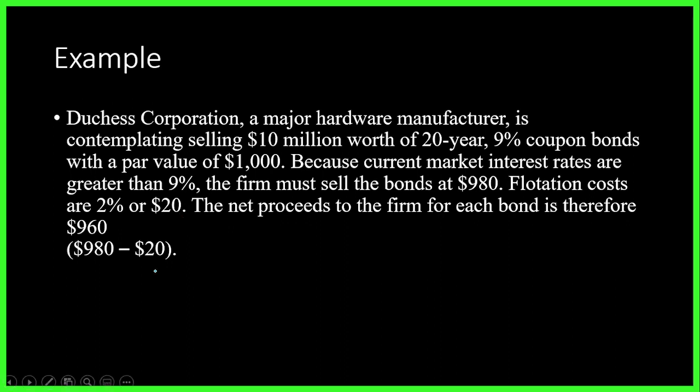So this one was sold at a discount. Flotation costs are 2% of this, so that's now 20. Now, if you're asked how much is the net proceeds, the net proceeds is 960. Why? This 1,000 was sold for 980 but you still have to incur 20. So, ang mapapakinabangan mo na lang talaga, the net benefit is 960.